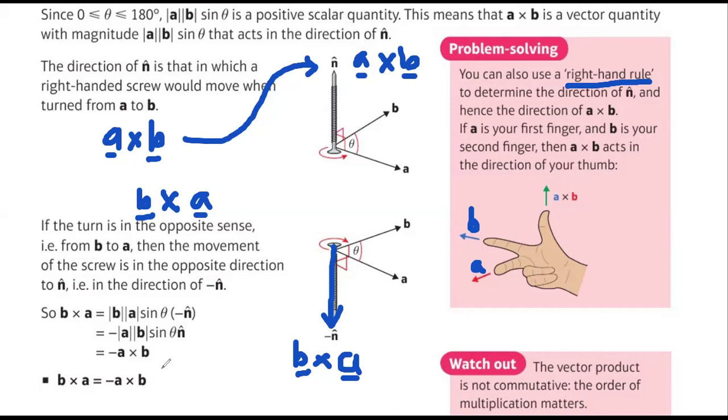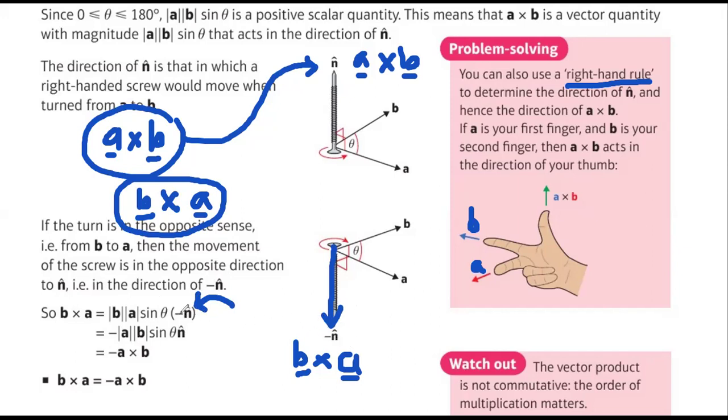Therefore, A into B or A cross B is not equal to B cross A, because we have to use the same data. Modulus of B, modulus of A, sine theta. Same thing, but only the unit vector has changed. n is a unit vector, meaning magnitude is 1, but this time the direction is on the negative side.